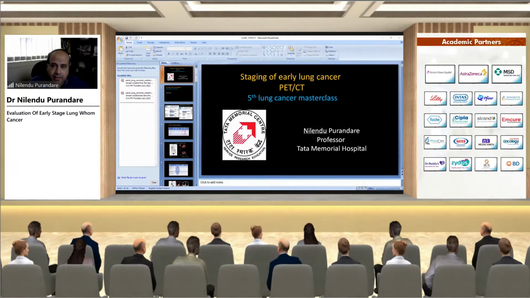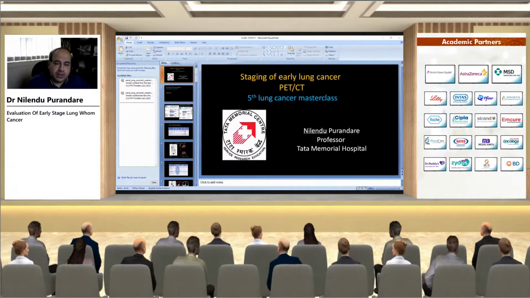But if you look at the PET, you can see that there is this FDG avid lesion. And in the abdomen, you have this subtle peritoneal metastasis, which probably could have been missed on a CT scan. So the patient who was T2N0M0 on CT scan, who could have been operated, now becomes T2N0M1, and now systemic chemotherapy has to be given for this patient.